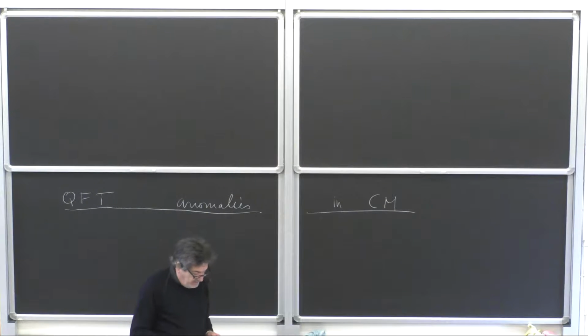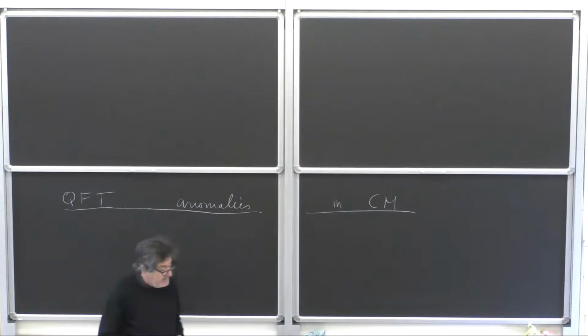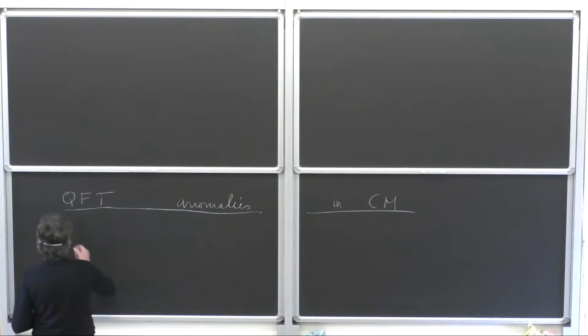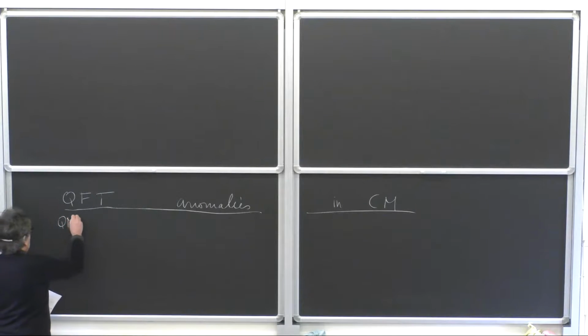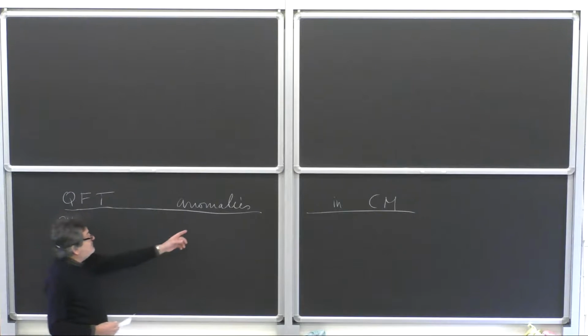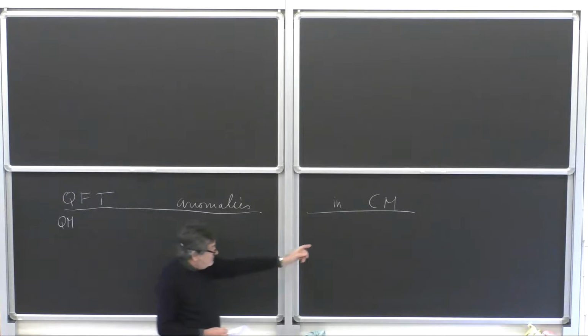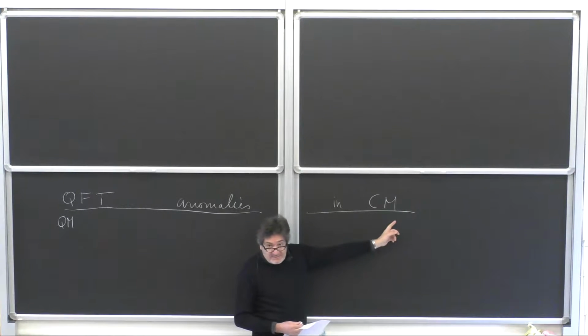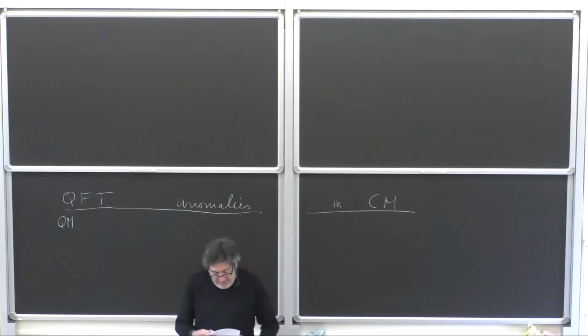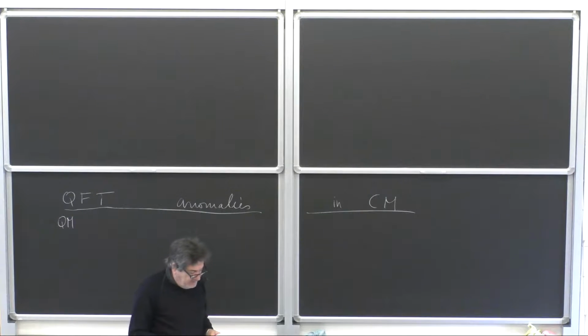So what is quantum field theory? Well, quantum field theory is quantum mechanics. Probably I'm saying trivial things. So, who knows what anomalies are? Raise your hand. Who knows how to use anomalies in condensed matter? Nobody. Okay, fantastic.